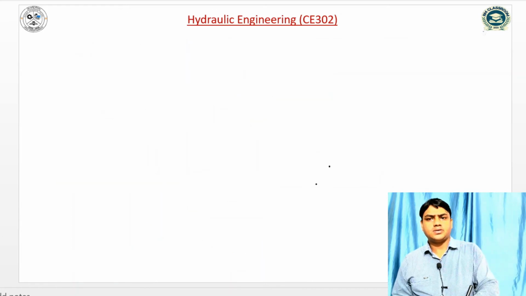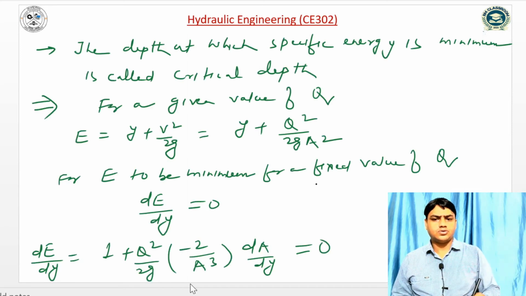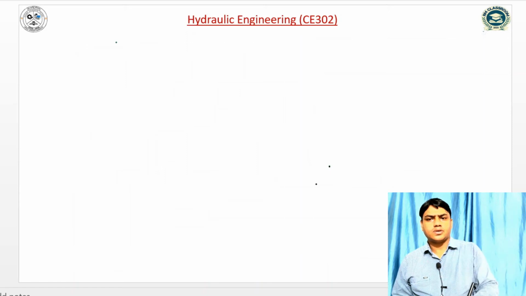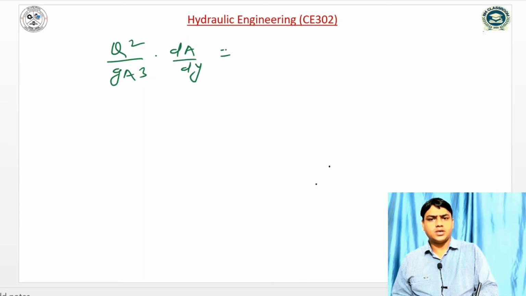and this value should be 0. So the 2 cancels, and it will be Q square by g A cube into dA by dy is equal to 1. So let us take a channel.